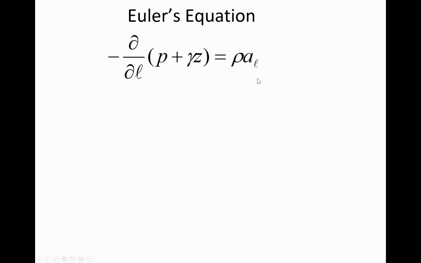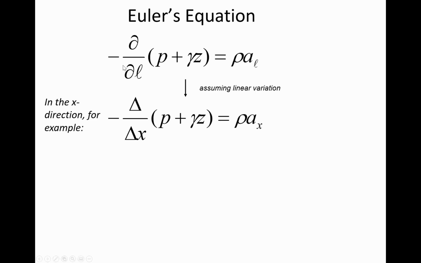Now we apply this at two points that are a certain distance apart, and that's where this dl comes in. If we assume a linear variation of the piezometric pressure between two points, then it goes from becoming a partial differential equation to just saying that the change in piezometric pressure is over some distance delta x apart.